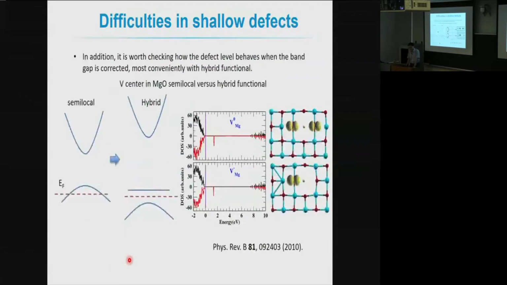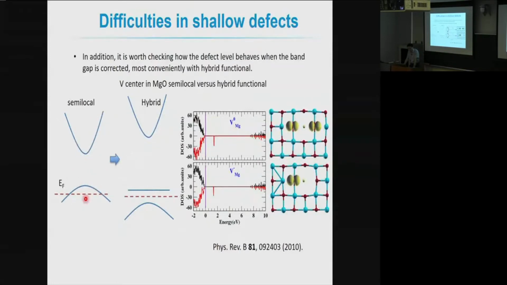All right, and another difficulty with shallow defects is that because the level is so close to the valence band maximum, it can sometimes be sensitive to the functional. For instance, we have seen just before that the V center in MgO was resonant. The Fermi level is below the valence band when you use the semi-local functional.